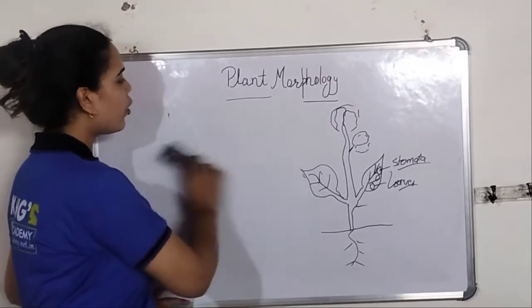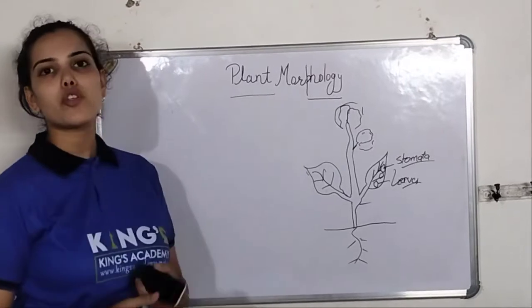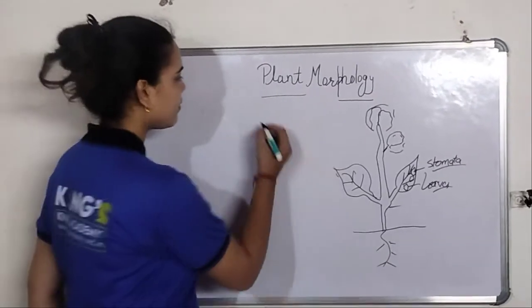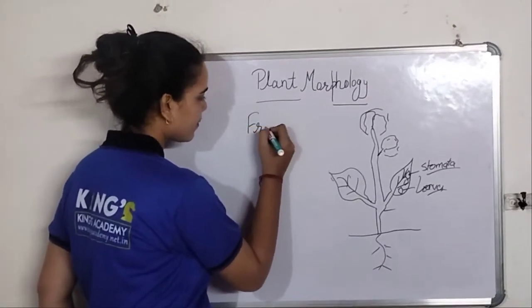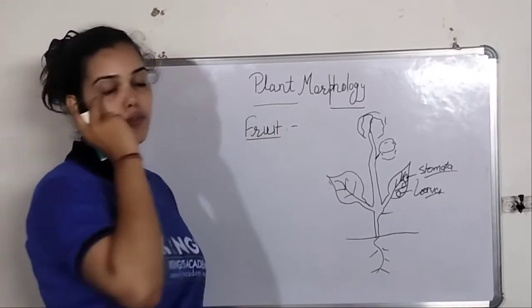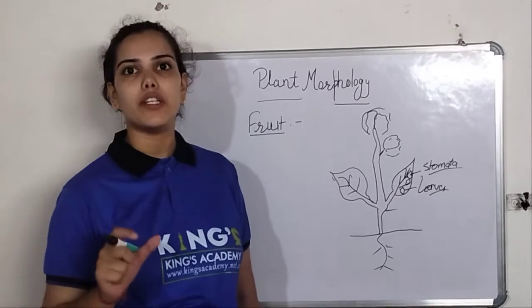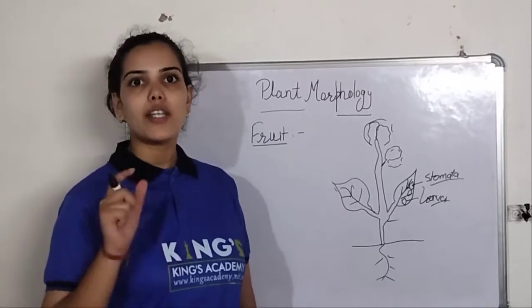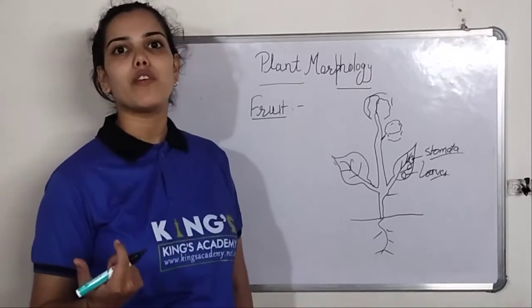After the zygote is formed, there is the formation of fruit. Fruit is the ovary part of the plant, also known as the ripened ovary.